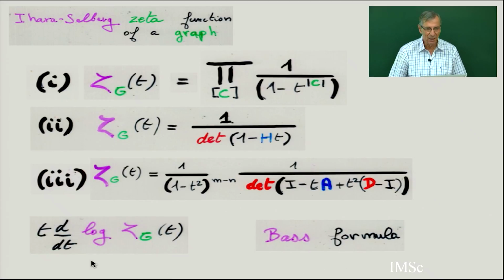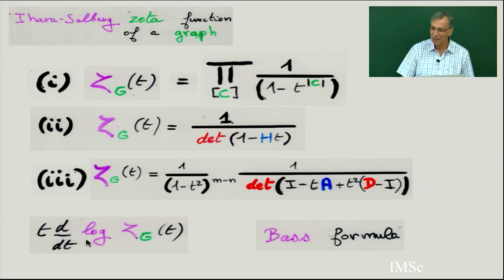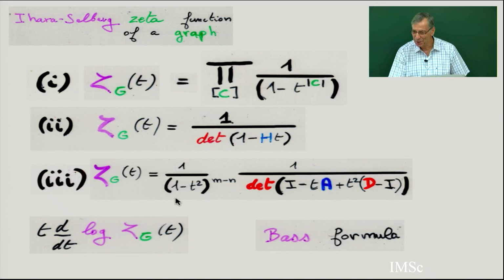So we are on familiar ground, and I will show you, maybe not completely, that you will see an evolution is not totally finished. We'll try to show that they have the same logarithmic derivative.